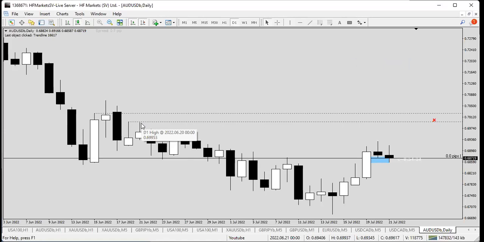Then I'm looking for, after this day here, when was the last time we had a daily candle going above previous candle's high? That would have been here. So this high was around here. So this is the last daily stop point. You could keep doing that coming down, relatively equal here.